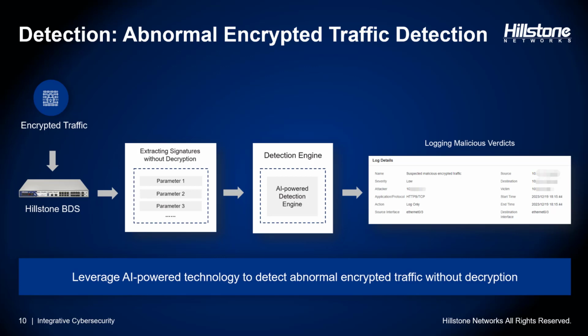Our AI-powered detection engine solves this by analyzing encrypted traffic streams, extracting signatures, and spotting patterns that signal malicious activities without decryption. This lets us identify and address threats in real time, keeping your network and data safe.